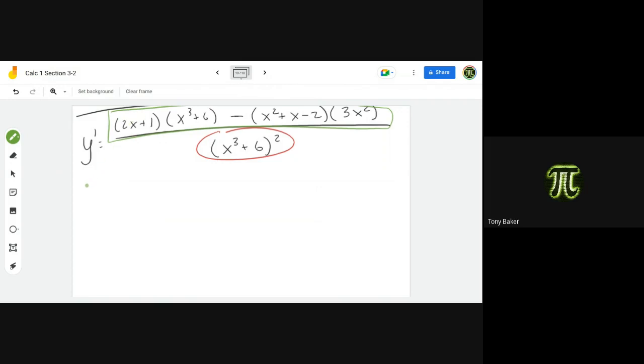So I've got 2x to the 4th plus 12x plus x to the 3rd plus 6, minus 3x to the 4th plus 3x to the 3rd minus 6x squared.